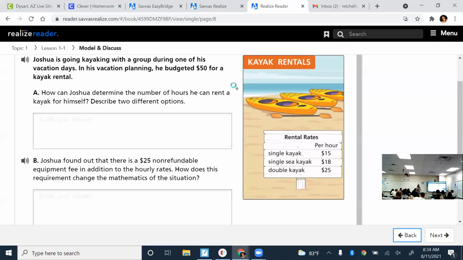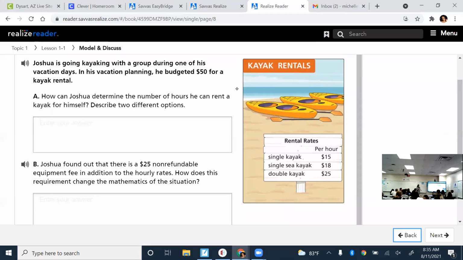So let's look at the single kayaks first. Sorry, this thing always takes a minute. Here we go. All right, so let's talk about the single kayak first. If that is $15 an hour and he has $50, can you rent it for 1 hour? Can you rent it for 2 hours?